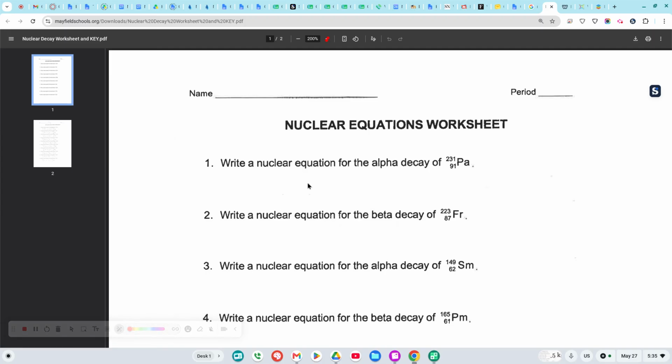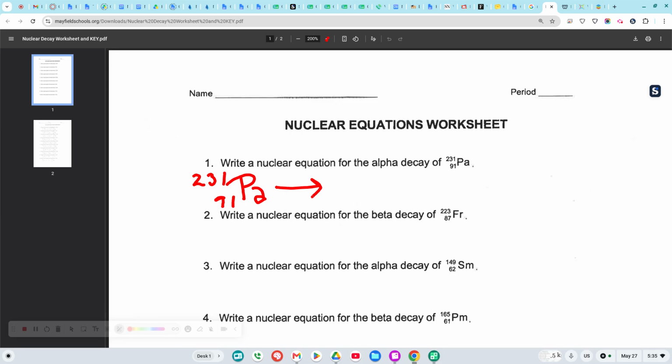We're going to write a nuclear equation for the alpha decay of palladium-231. When we are decaying, that means we're breaking down. So we want to figure out what new element we're forming.